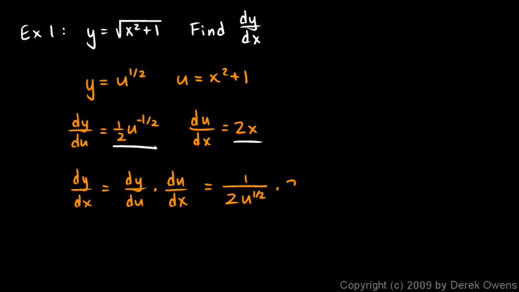So that's times 2x. And these 2's cancel out. And I'm left with x in the numerator, and the square root of u in the denominator. And u is this. So in the denominator here I have the square root of x squared plus 1, and I'm done. That's the derivative of y with respect to x.